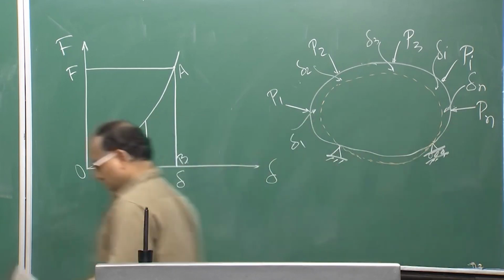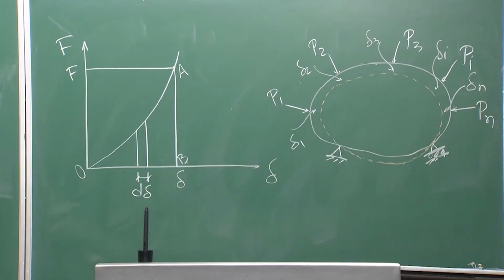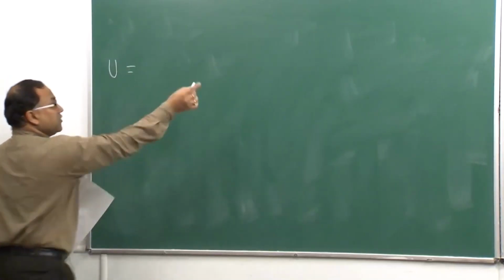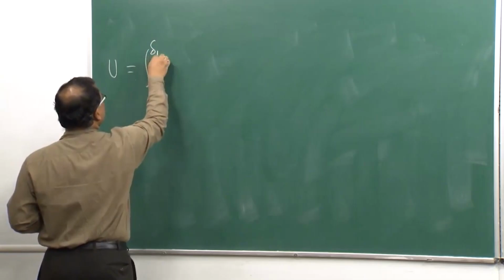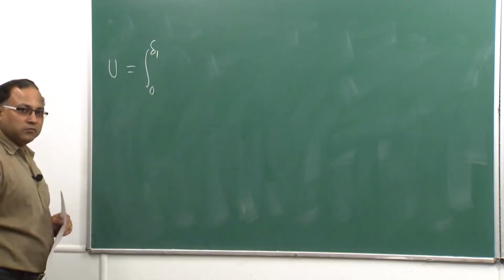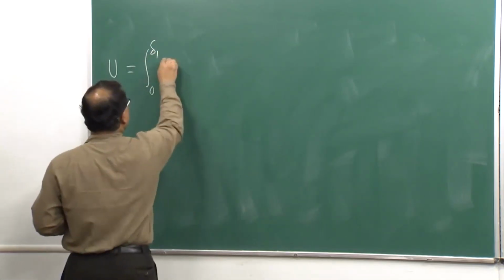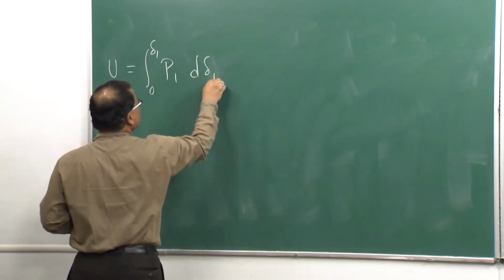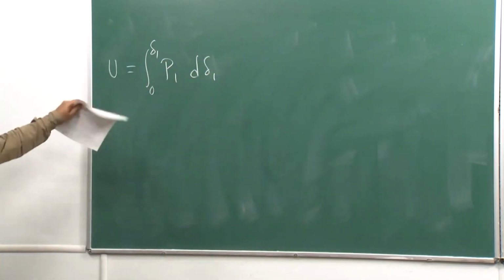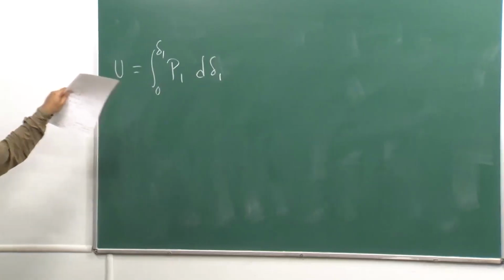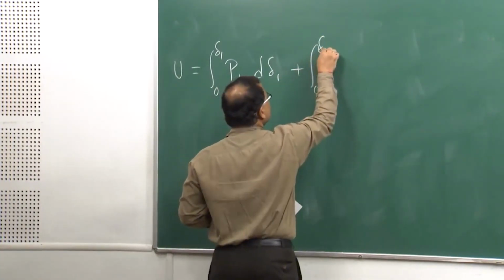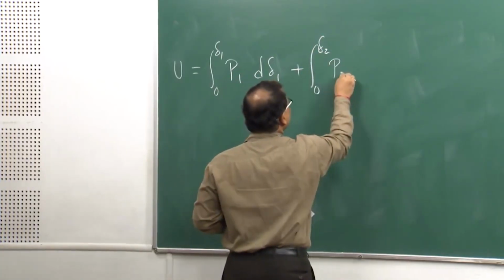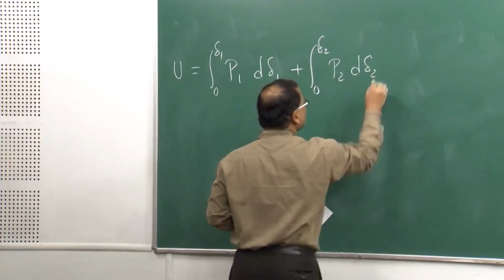Now, your potential energy for this system can be written as, per definition, 0 to delta 1, P1 d delta 1. So, this is the potential energy contribution for force P1, plus 0 to delta 2 P2 d delta 2.